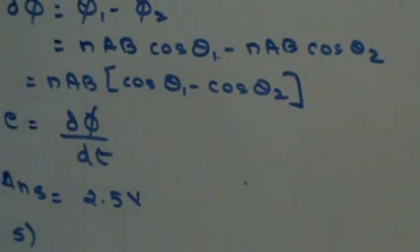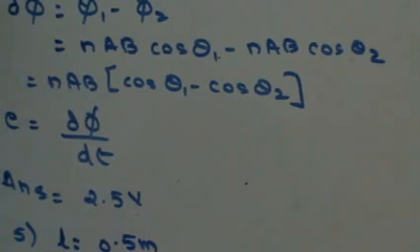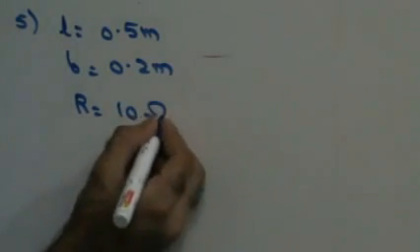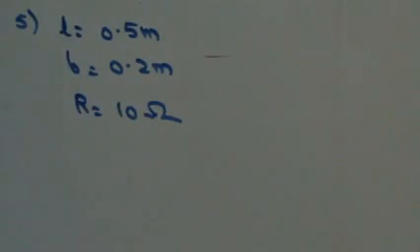A rectangular coil of length 0.5 meters and breadth 0.2 meters has a resistance of 10 ohms.